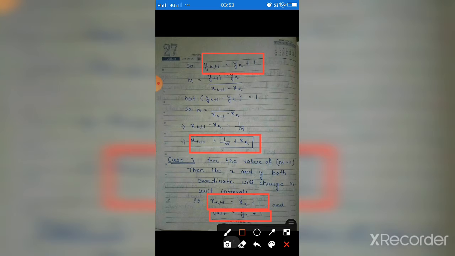So in this way we have to find out the next pixel value to draw a line in between these two endpoints.